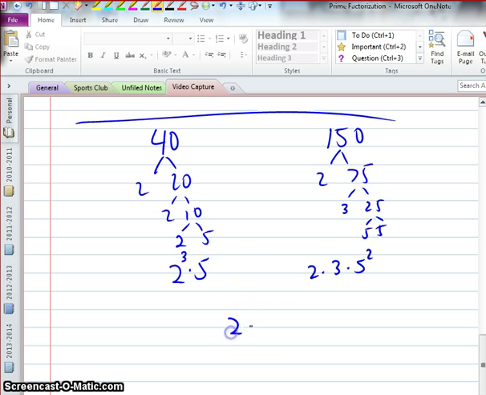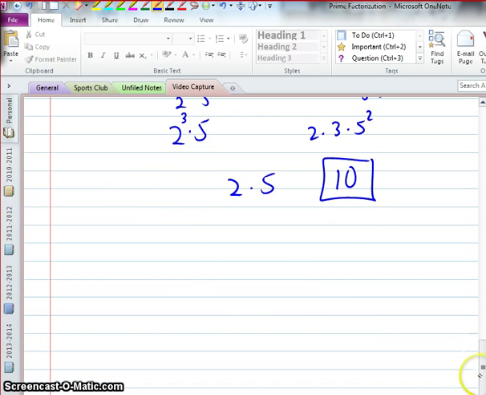I think that's 2 and 5. But the most number of times the 2 occurs in both, since it's 1 here and 3 here, is 1, and with 5 is also 1. So we're going to say 2 times 5, or 10, is the GCF, the greatest common factor between 40 and 150.